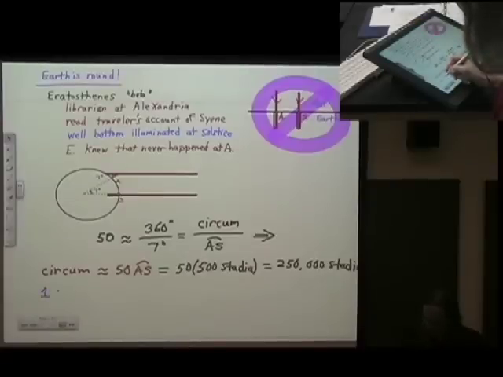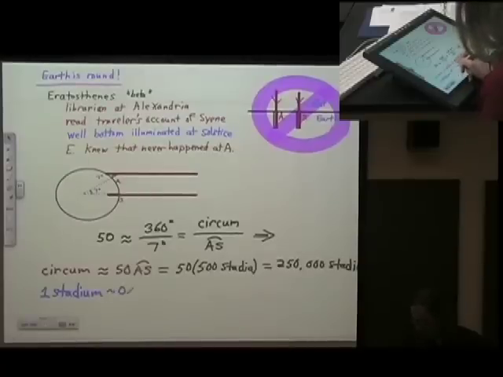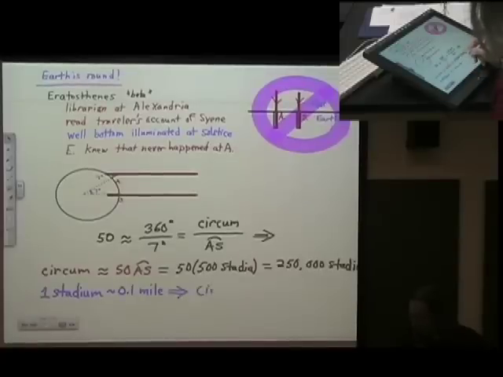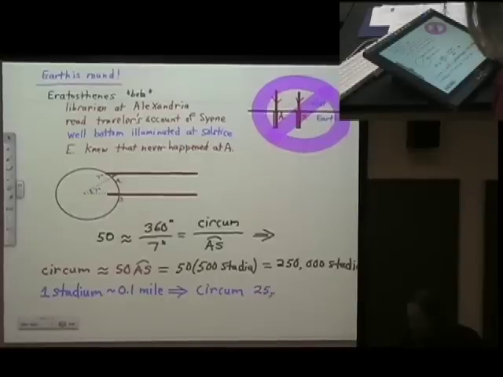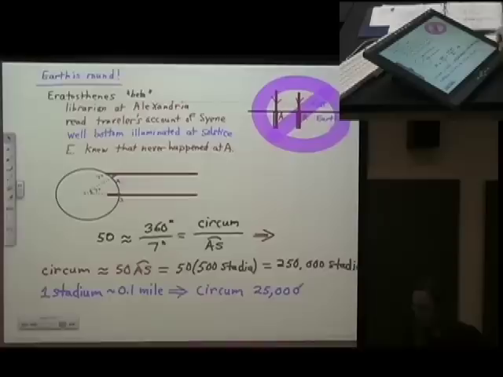They think a stadium might be like the largest possible stadium, so about a tenth of a mile, or so I'm told. And so if you plug this in, this means that the circumference of the Earth is a tenth times 250,000 miles.